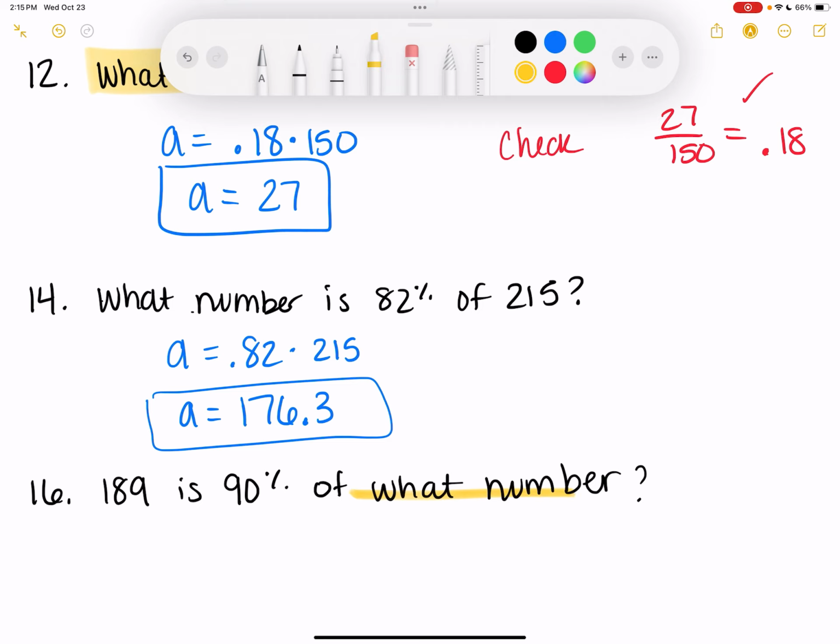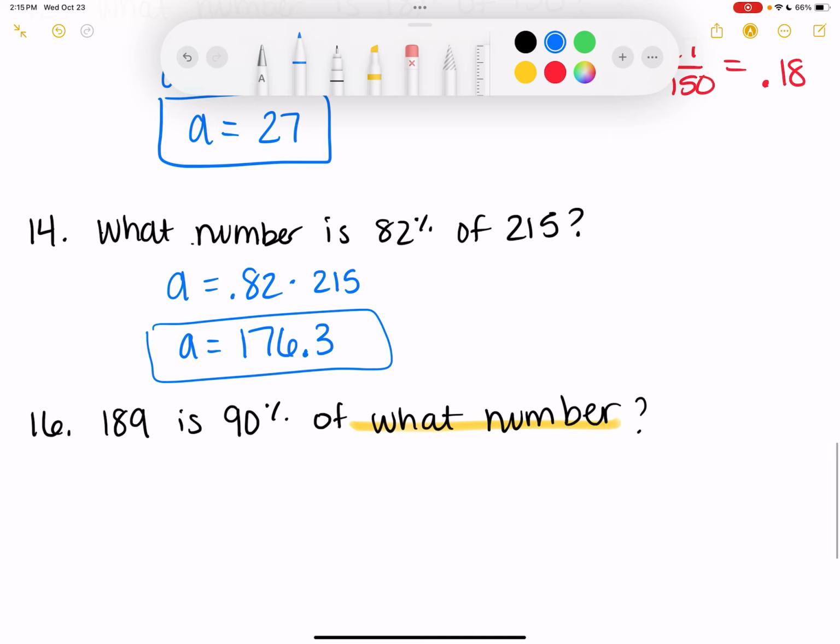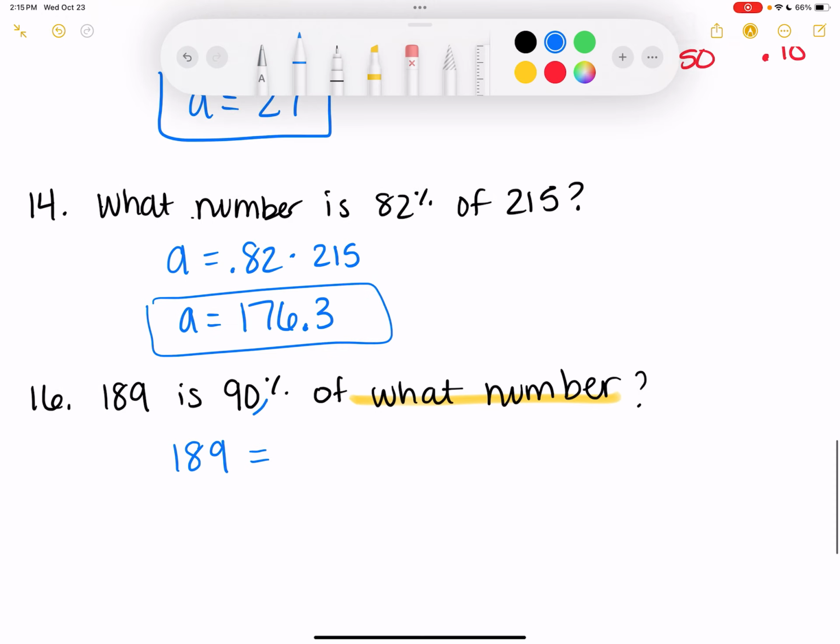So how would I set this one up then? 189 equals 90% times b. Yep. So 90%, or if you want, you can go ahead and write it as the decimal of 0.9, but either way, it means the same thing.